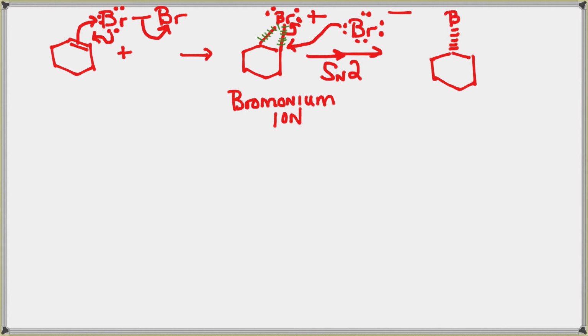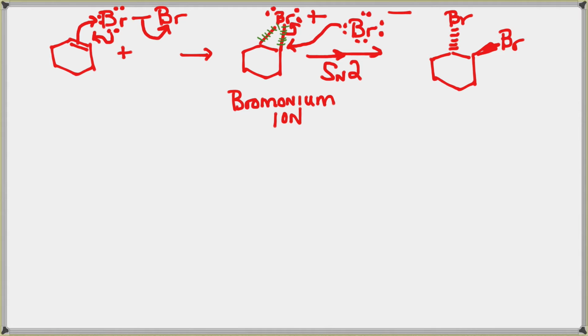This bromine is back, this bromine is forward, pointing towards me. Trans. Okay, to apply this to ethers, all we really have to do is start with the bromonium ion, just like Markovnikov addition.